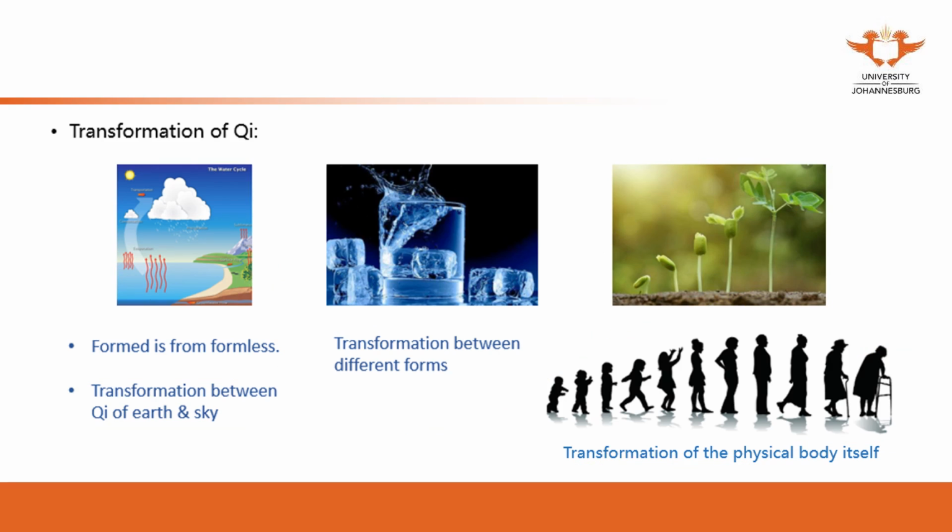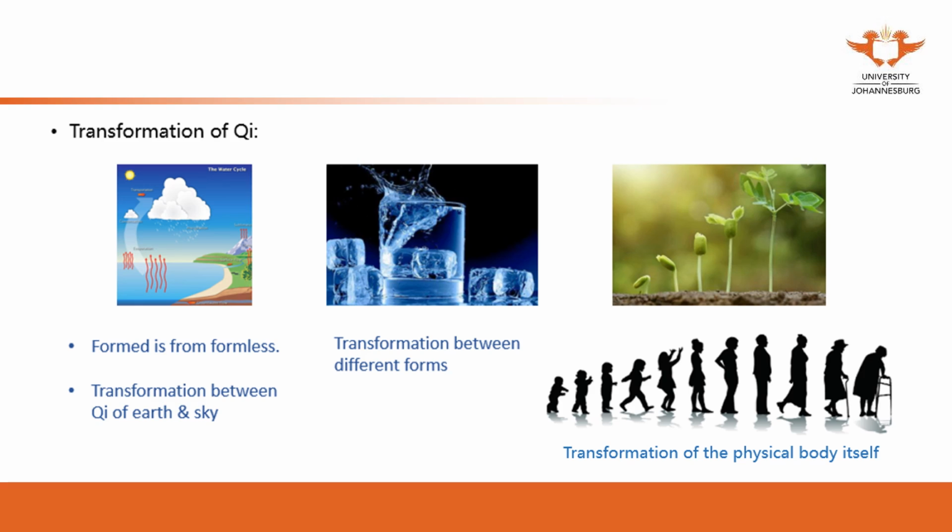So the transformation can happen from something formed to formless, or from formless to formed. You can also transform between different forms, with different sub-objects. This transformation also can happen in one object.